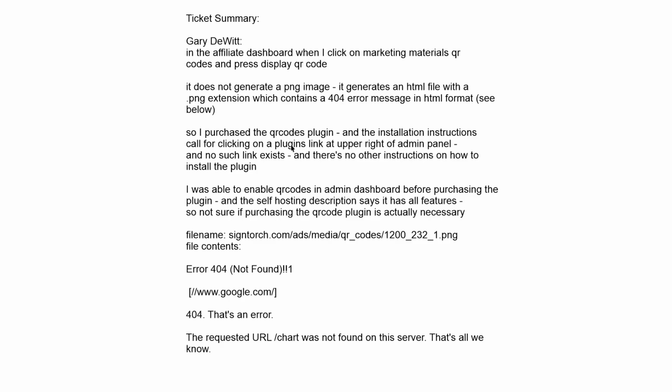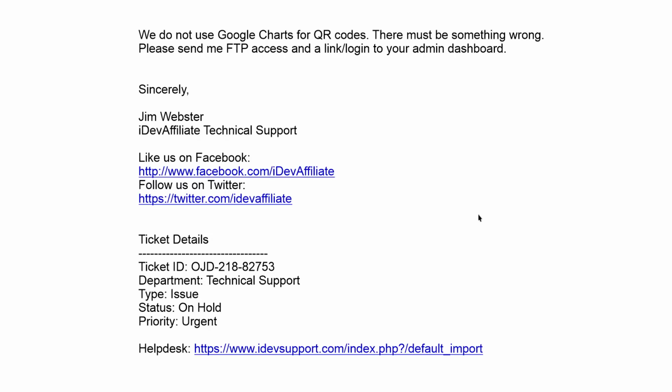So I contacted technical support, told him what was going on, and said, I'm not sure if purchasing the QR code plugin is actually necessary. 24 hours later, they respond, we do not use Google Charts for QR codes, which is blatantly false.